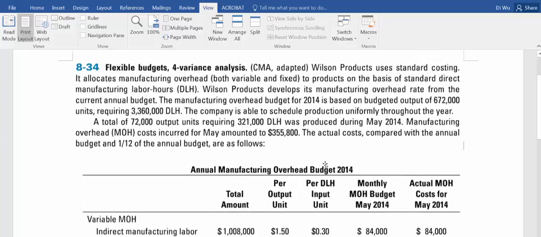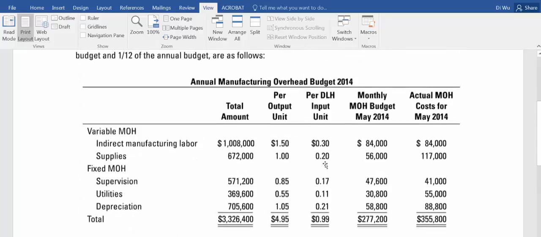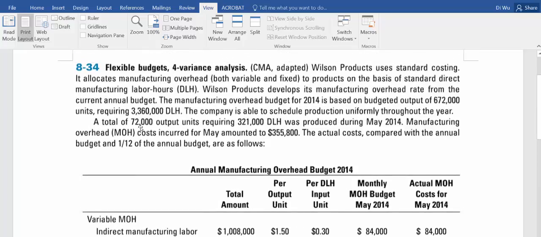According to the question, we have manufactured 72,000 units. That was the data, the actual production. We have 72,000 units manufactured, and we have the budget.